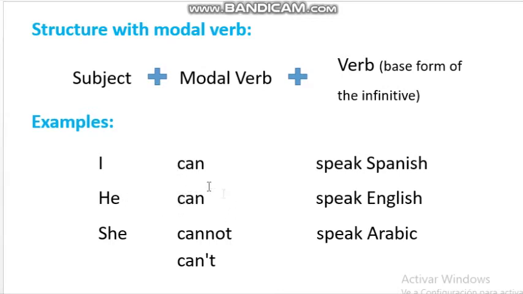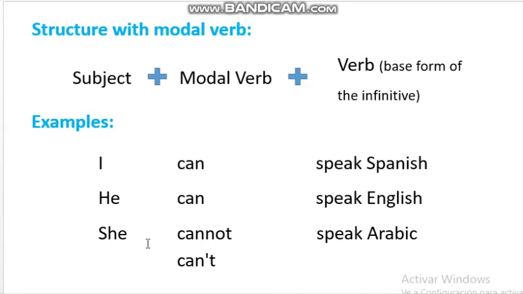The modal verbs don't change with the third person singular. So it's the same: he can speak English, as I can speak Spanish, or we can speak English, they can run in the park, whatever verb you want to use, but without to.